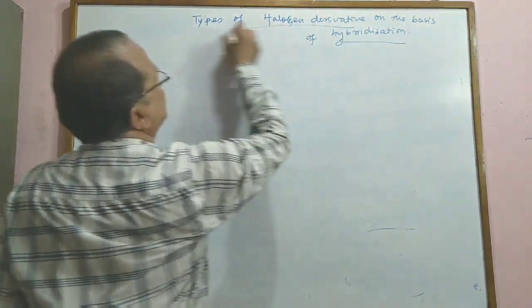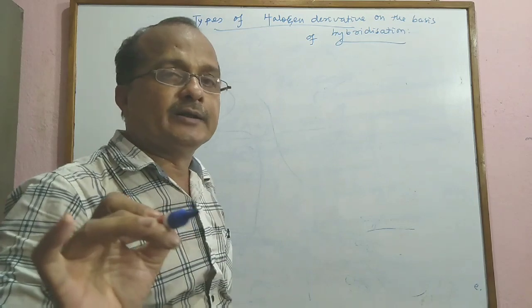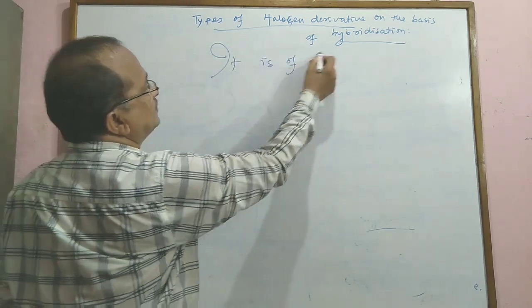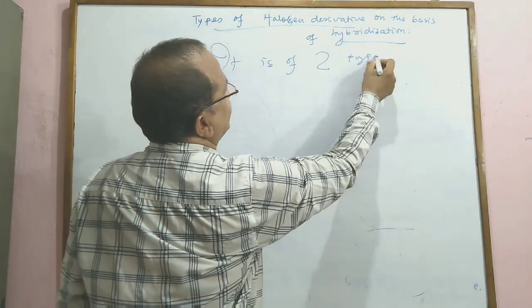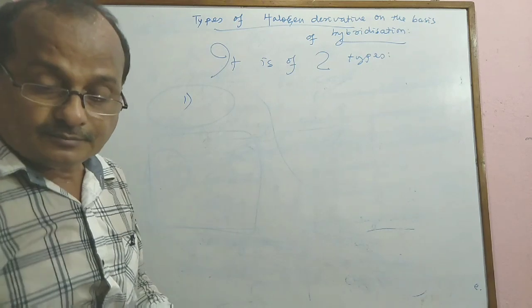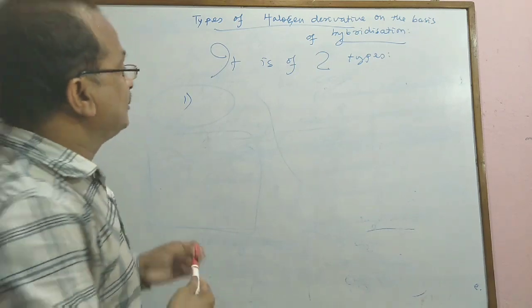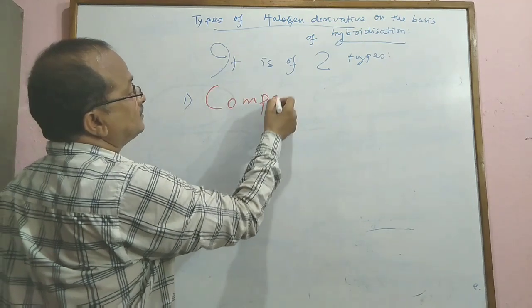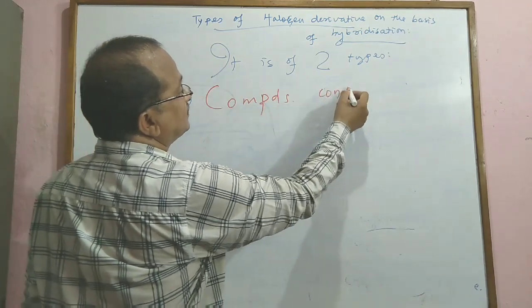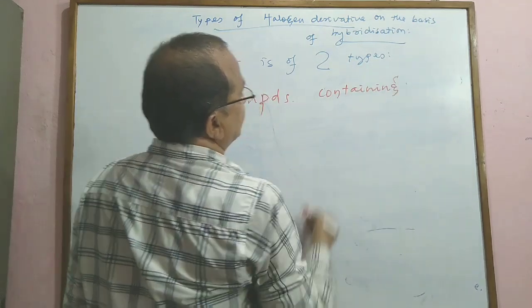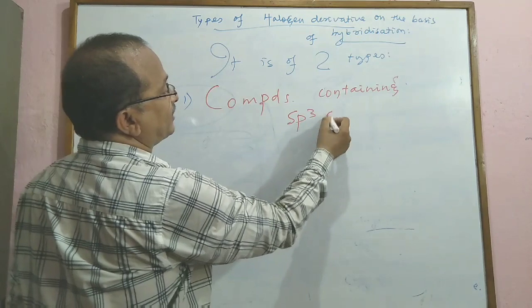It is actually divided into 2 types. One is compounds containing sp3 carbon halogen bond.